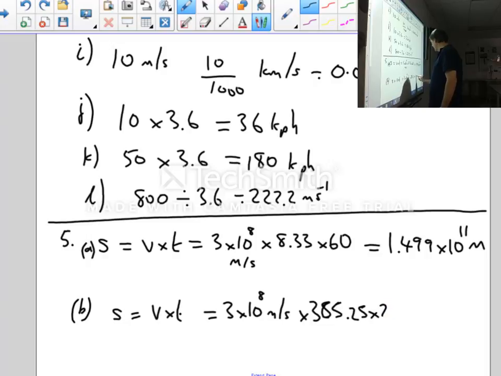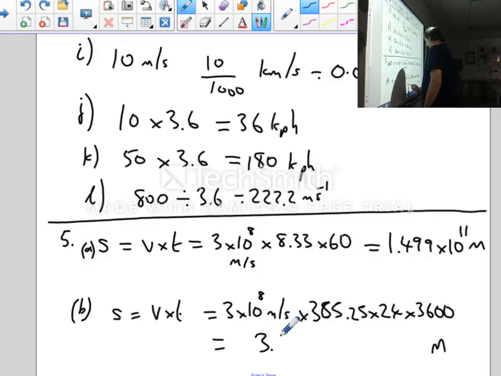Each day's got 24 hours, and each of those hours would have 3,600 seconds in them, 60 minutes and 60 seconds. So you would have to multiply all those together to work out how far a light year is in metres. So it's 3.9447 times 10 to the power of 14. So that's a long way.